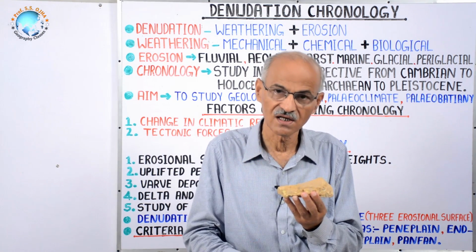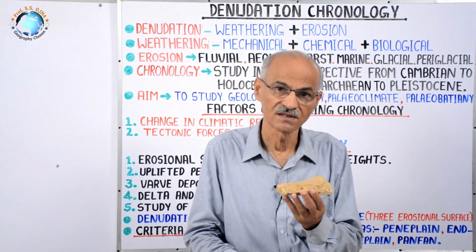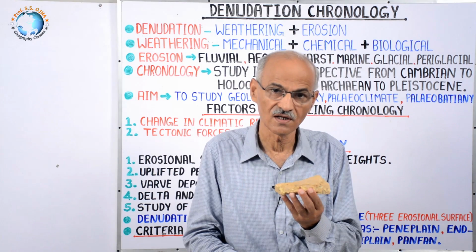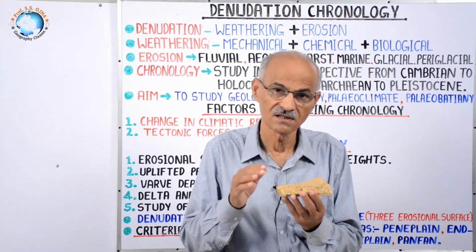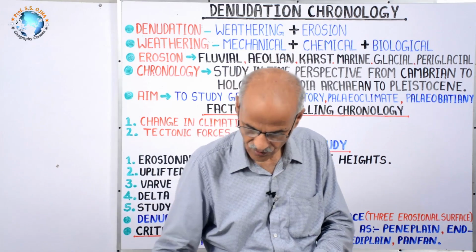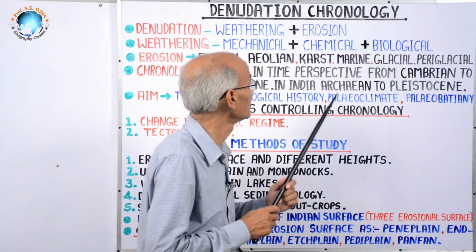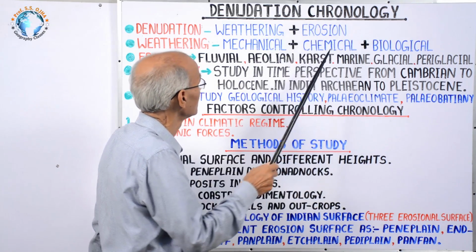Then the weathered material will be transported by different processes, especially 6 processes: fluvial, aeolian, marine, karst, glacial and periglacial. This collectively is called denudation. Now you are aware of the meaning of two words, denudation and chronology.